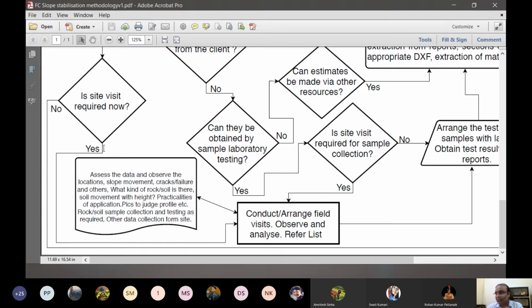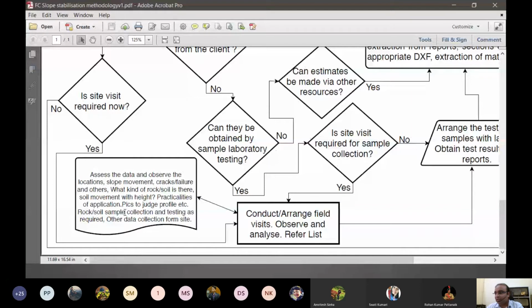If it is required, then we arrange a field visit, observe and analyze, and refer to a list where we see what all we have to do when we do a slope stabilization field visit. When we do a slope stabilization field visit, we assess the data, observe the location, slope movement, whether cracks are there, what kind of rock and soils are there, and we take pics, very important.